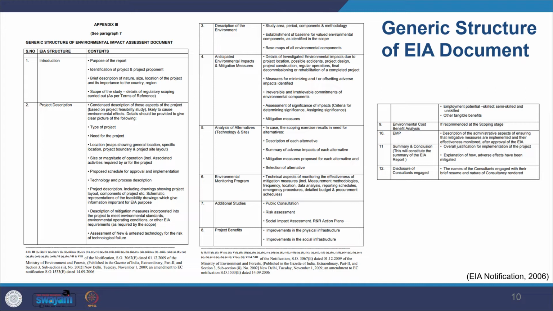So all those aspects you would be looking at and discussing in this segment. And you will be assessing the significance of the impact based on all these criteria which we had already discussed, and for what cannot be handled, what would be the mitigation measures. So that all usually goes in this part of the report, anticipated environmental impacts and mitigation measures.